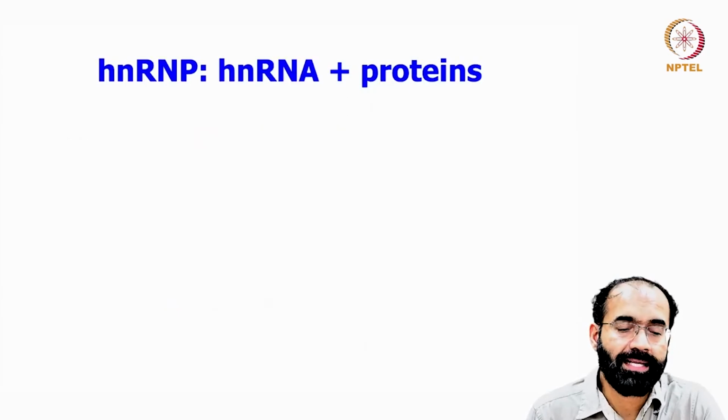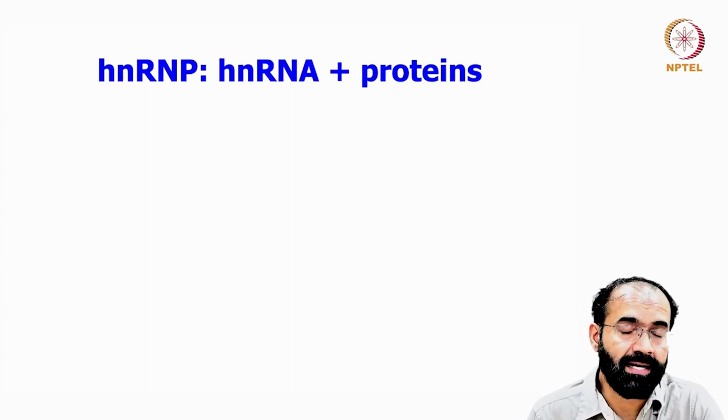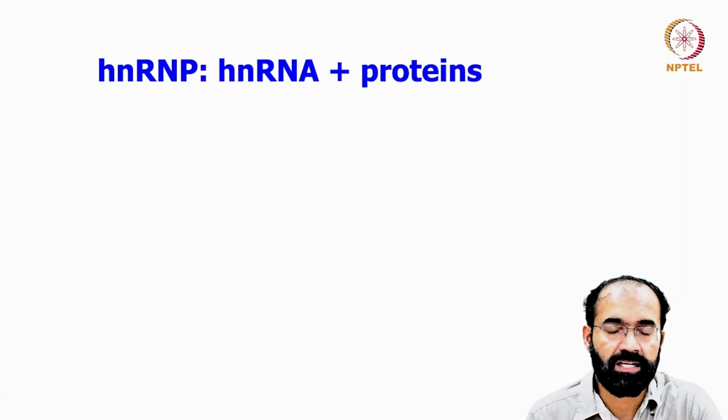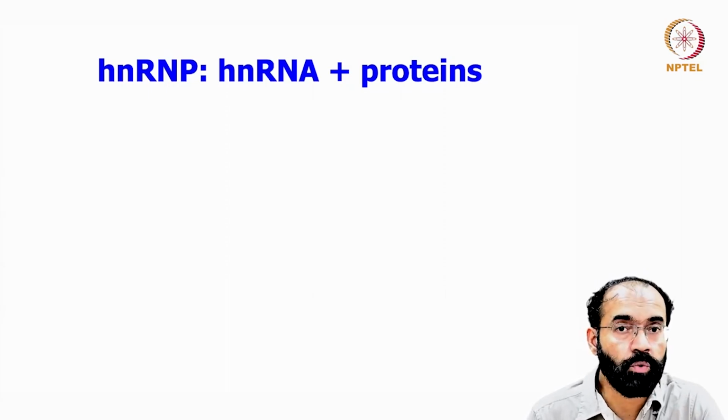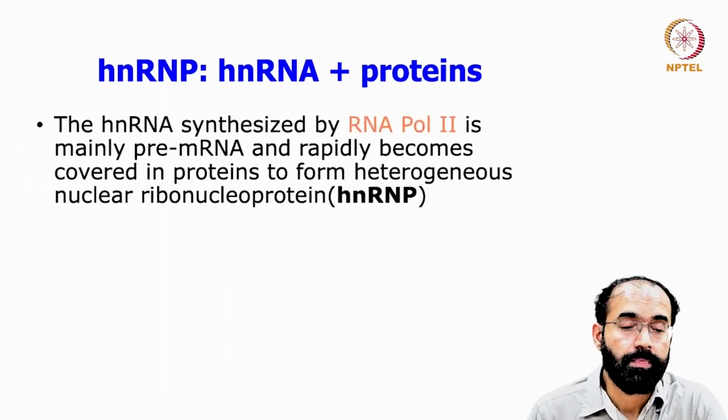Now let us quickly see what is hnRNP. hnRNA, we have already seen, the heterogeneous nuclear RNA is the pre-mRNA, which has got all the introns and other things. It is quite crude. And this bound with protein, we call it hnRNP.